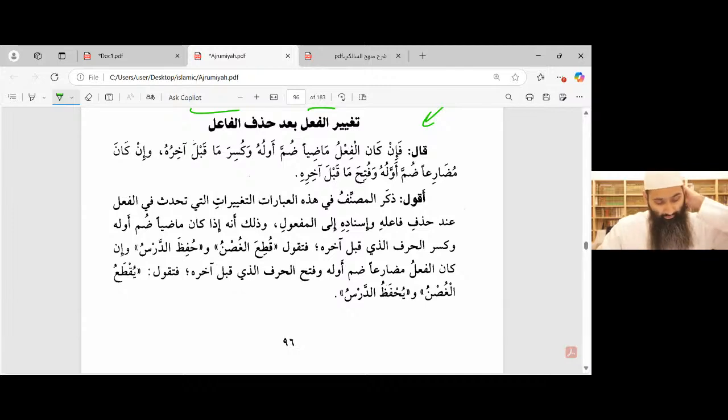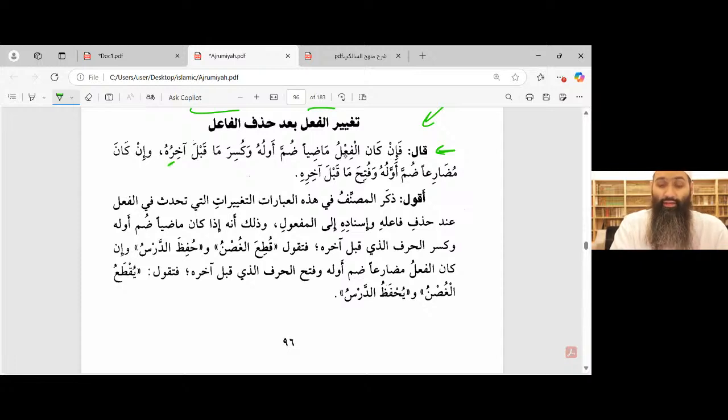So what does it say? تغيير الفعل بعد حذف الفاعل. Changing the fi'l after deleting the fa'il. So Ibn Ājurrum rahimahullah says فإن كان الفعل ماضيا ضم أوله وكسر ما قبل آخره.